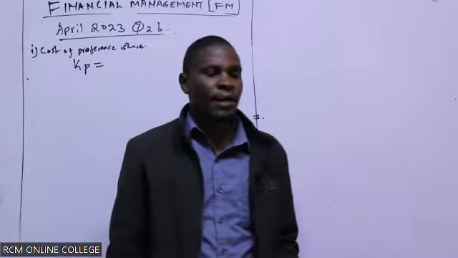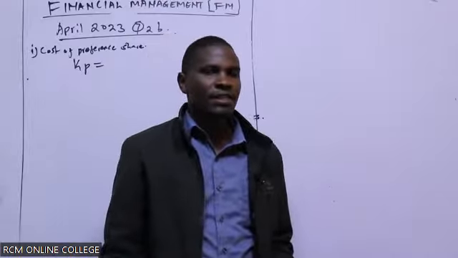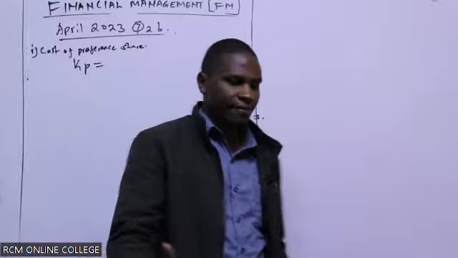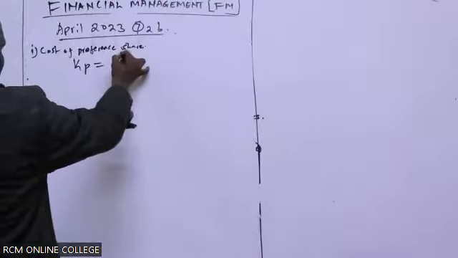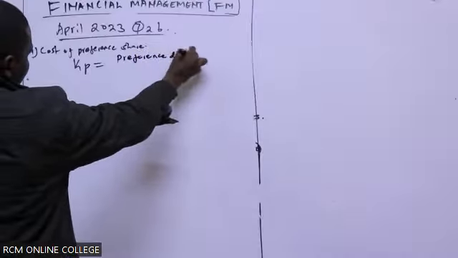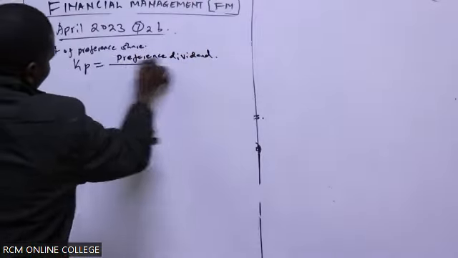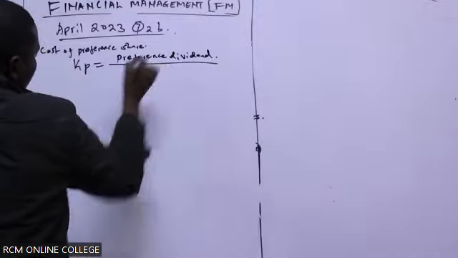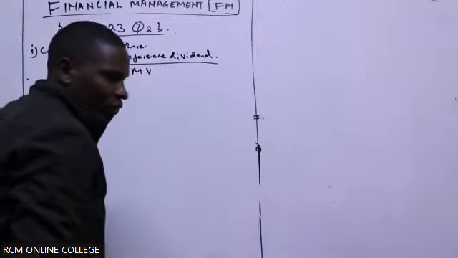Formula of our KP. It is PD over market value. PD, preference dividend, over market value.